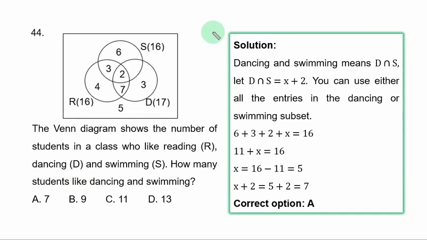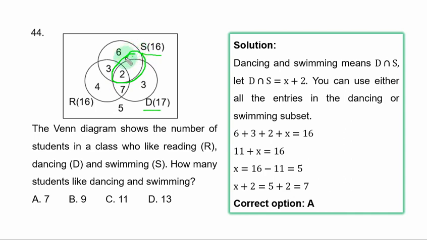Question 44. The Venn diagram shows the number of students in a class who like reading, dancing, and swimming. How many students like dancing and swimming? This is swimming, this is dancing, and this portion is for those that like swimming and dancing.